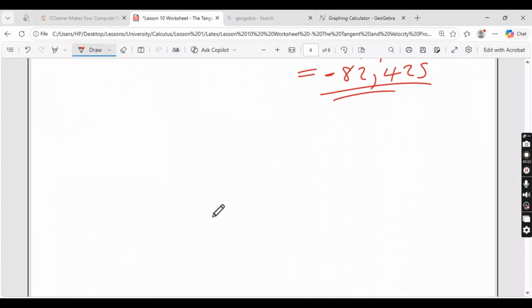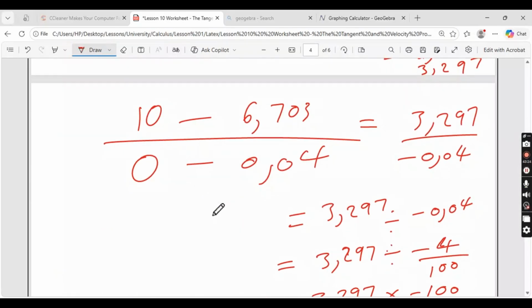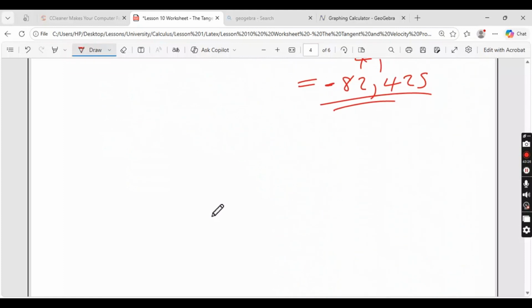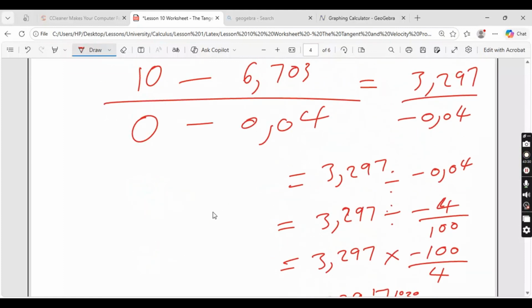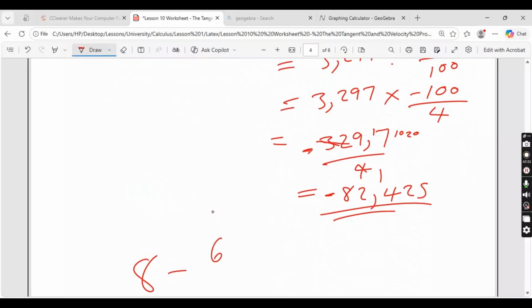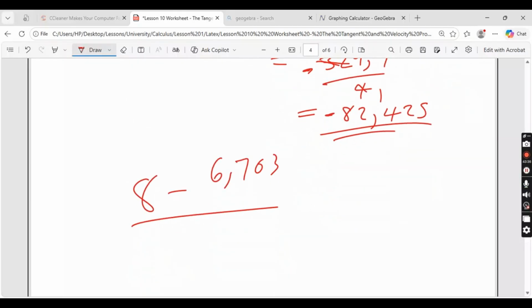So maybe if we say 8 minus 6.703 over 0.0206 minus 0.04, we get what?